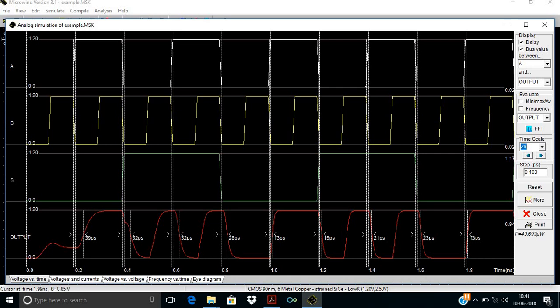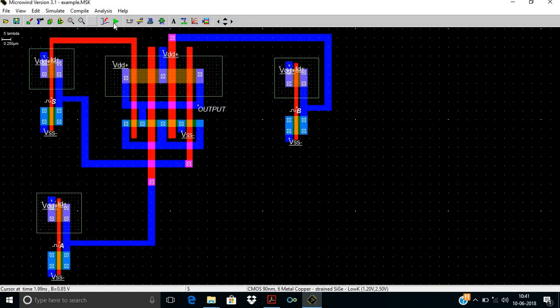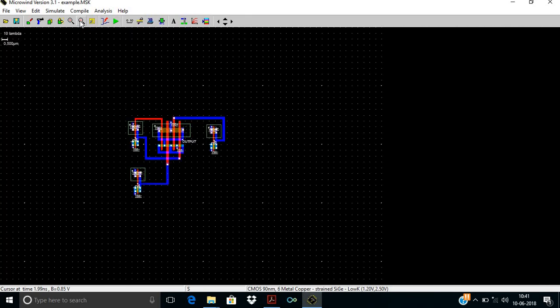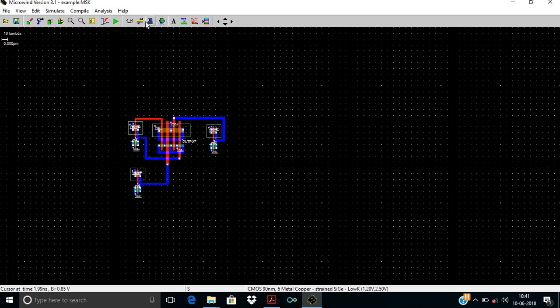Now next, you have to measure the area. You can make the smallest design and measure the area so that we can make the scale correctly.